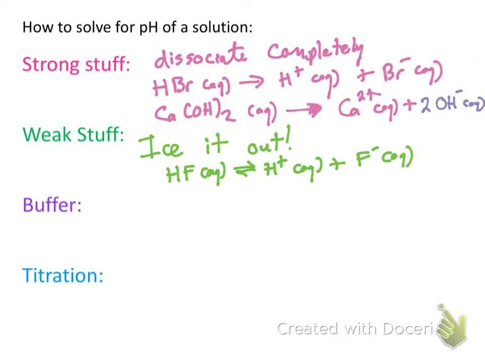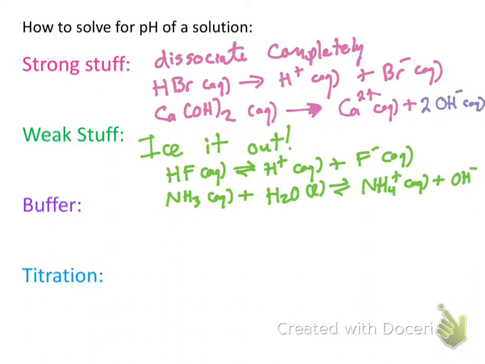For bases, we always have to react them with water. So like NH3, for example, we would have to react it with H2O liquid, and we would get NH4 plus. In this case, we would always get the conjugate acid here, and hydroxide. Okay, so always write out the reaction.